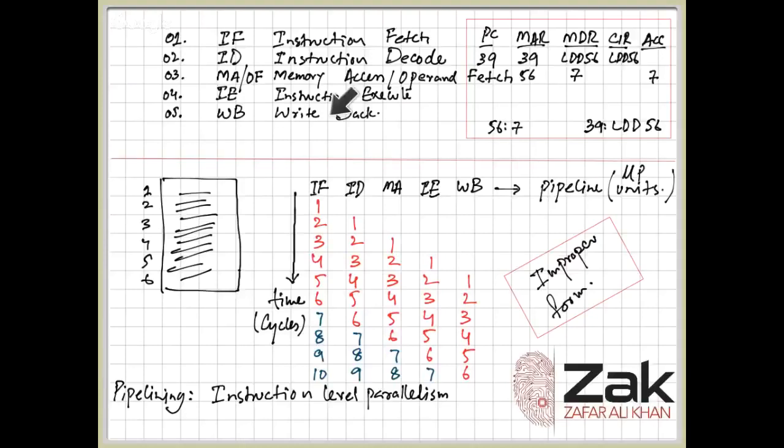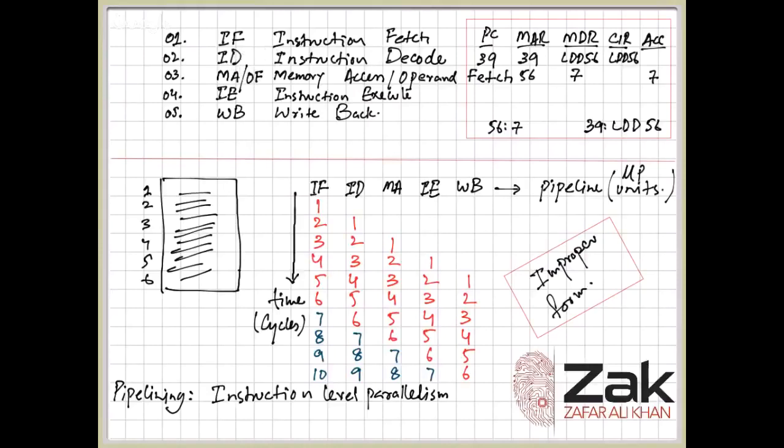Now, your book and a past paper question exhibit this pipeline from another point of view. It now has not three parts, but five parts: instruction fetch part, instruction decode part, memory access part, or operand fetch part.